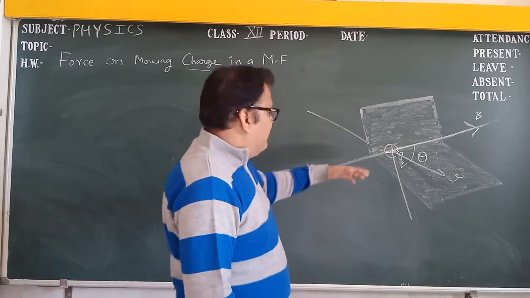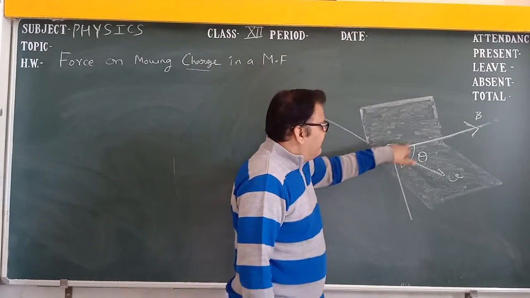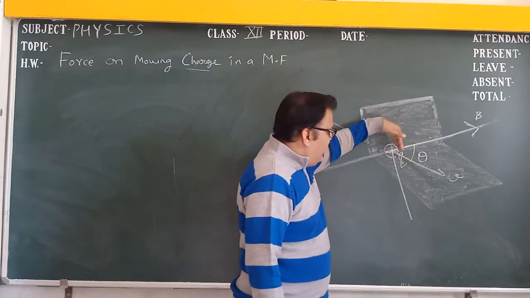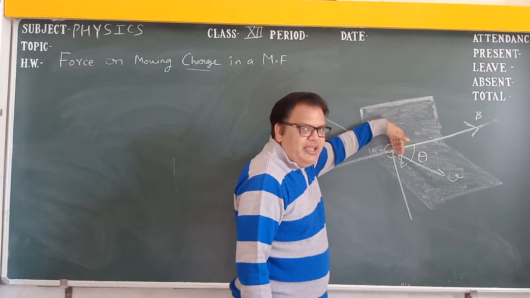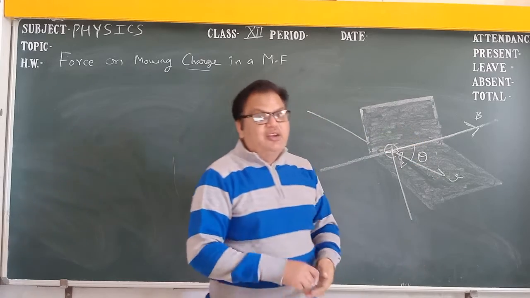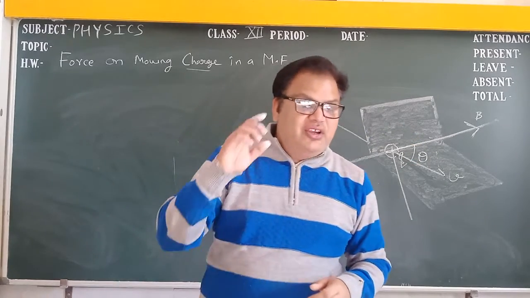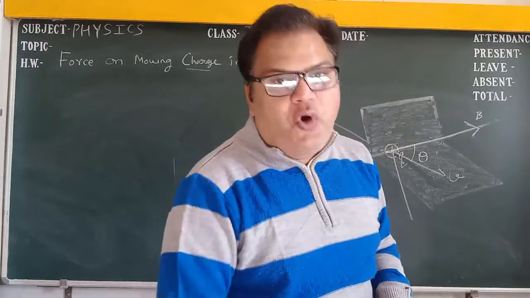Here we are taking the magnetic field in this direction, and the velocity V making an angle theta with this direction, to find the direction of the force.